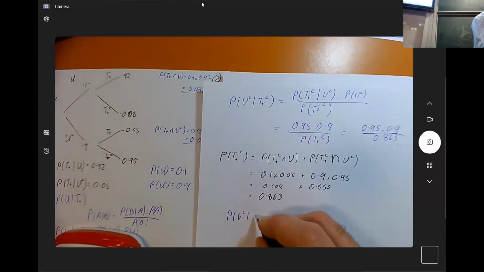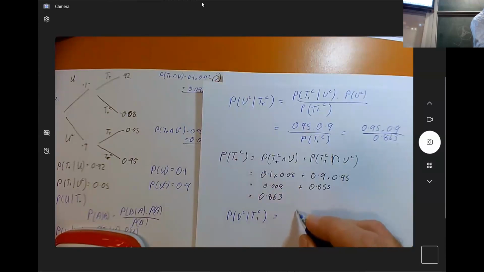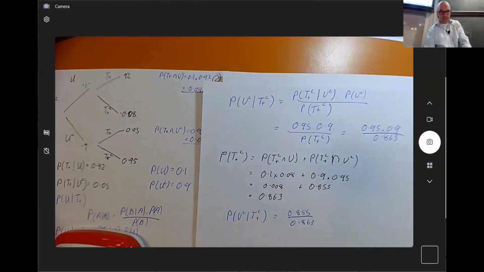The probability of not using the drug given that I didn't test positive is equal to 0.855 on 0.863. Quick drag to the Excel. This number is divided by this number. Ooh.